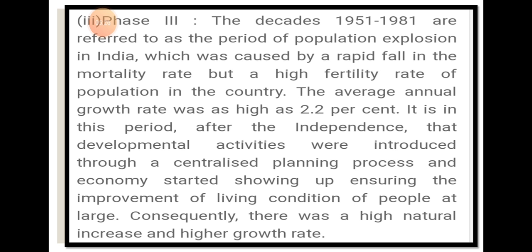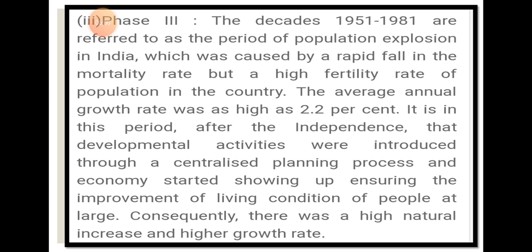Now the third phase is the decade of 1951 to 1981. This is the period of population explosion, and in this period you will find a rapid fall in mortality, because the medical system was more modern and the living condition of the people was good. But at this time the birth rate was also very high. The average annual growth rate in this time was 2.2%.